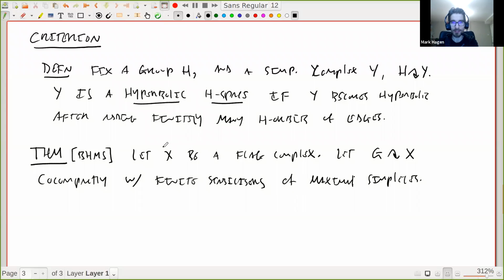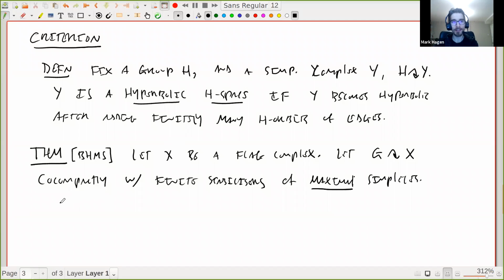Instead, if I looked at maximal simplices and thought of them as vertices, then that's going to be the sort of Cayley graph of G that I'm building over here. So I'm asking for finite stabilizers of maximal simplices. X is going to be a database that records all of the data of an HHS structure. And you need to say 4 things to do that.